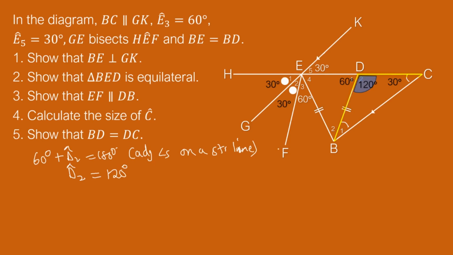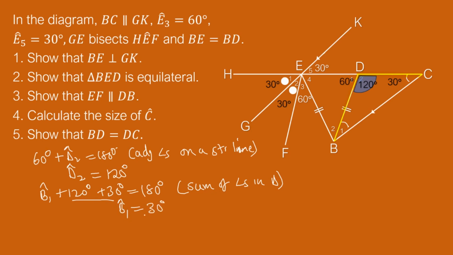Now we can find angle B1. Angle B1 plus angle D2 plus angle C must give us 180 degrees, sum of angles in a triangle. So B1 plus 120 degrees plus 30 degrees from angle C should be equal to 180 degrees. And then this is 150. So B1 is equal to 180 minus 150, which is 30 degrees.